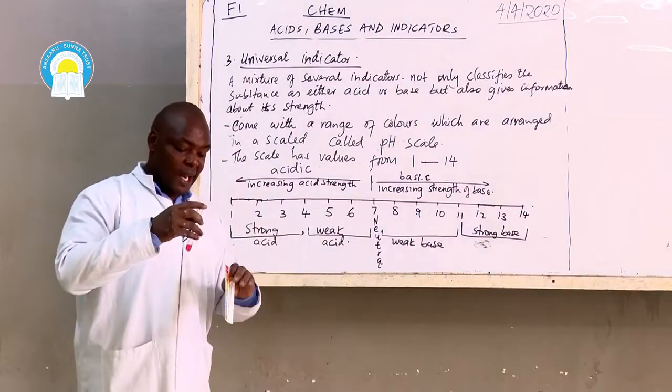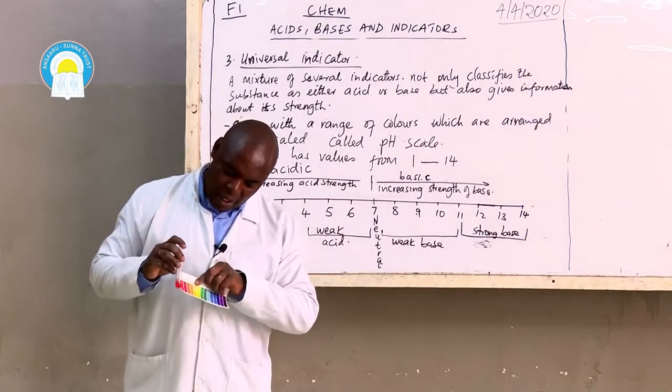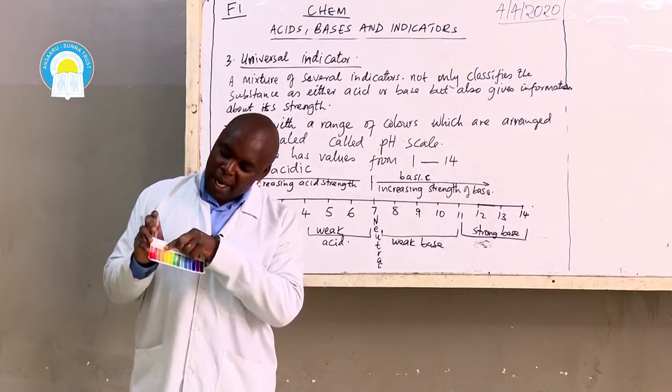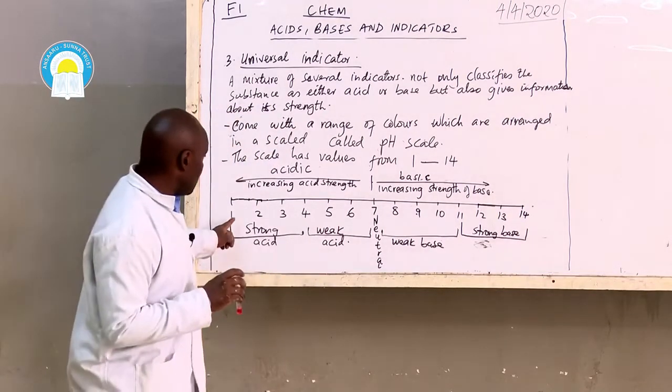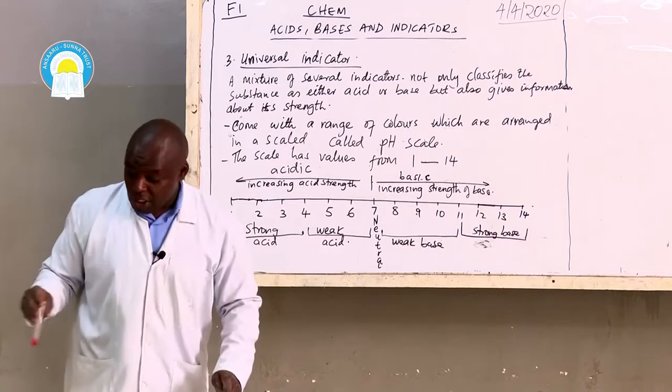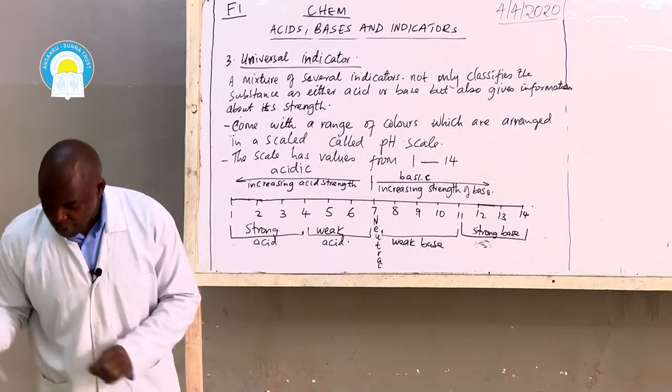So you match the colors using a pH chart. You see here, this one has a pH of 1. So hydrochloric acid has a pH of 1. It shows that it is a strong acid.